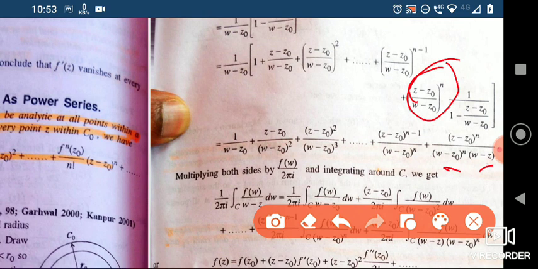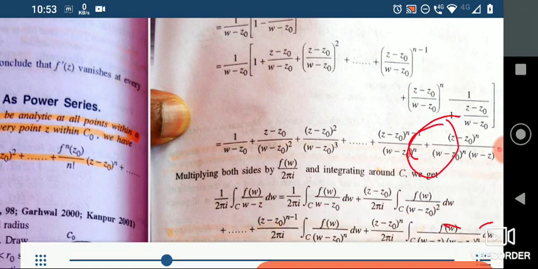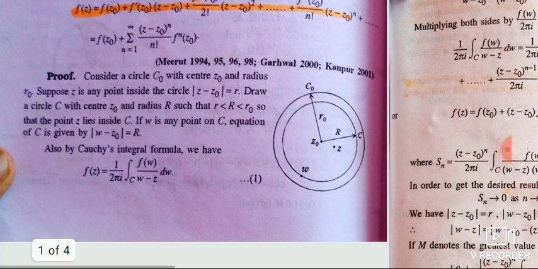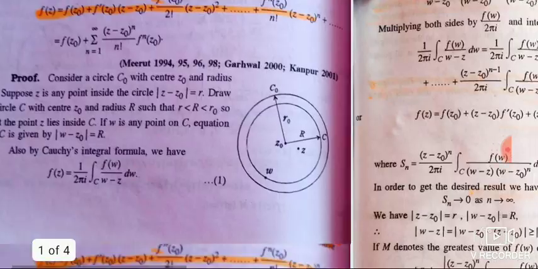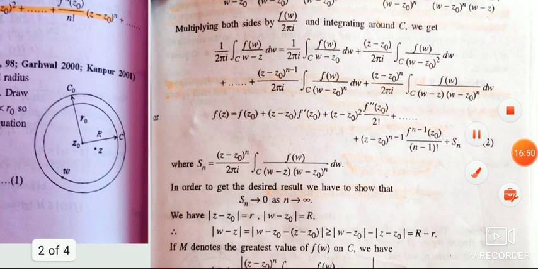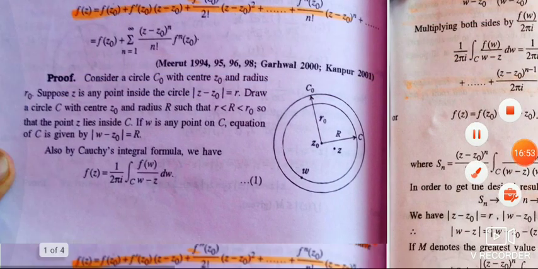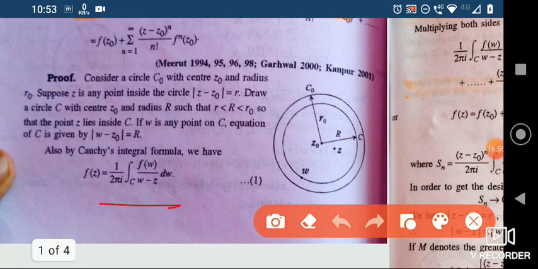So we did some adjustment, but the equation we had to get is different. That is f of z is equal to 1 by 2 pi i. We have to get this term on the left hand side. Then we can replace it by f of z, right?